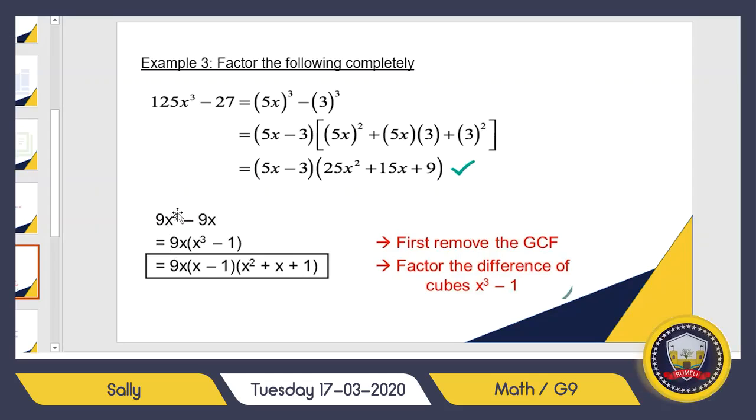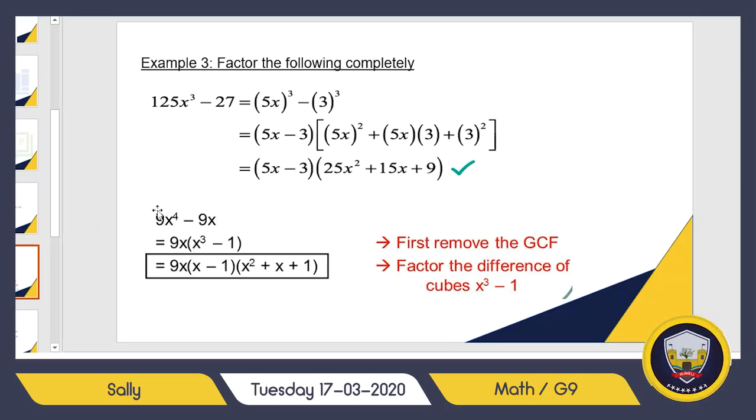Here x to the power of 4, meaning I multiplied x by itself 4 times. And here I have 1x. What if I take 1x as a common factor? So I can write down as common factors 9x. Then I open a bracket as we did in how to factor by GCF. You remember? Then I open a bracket.